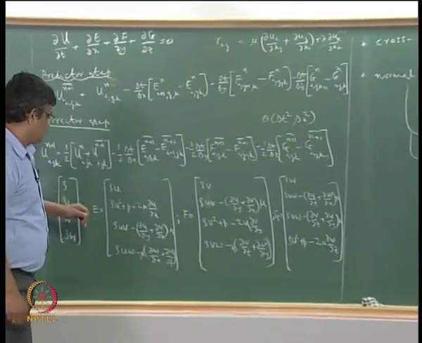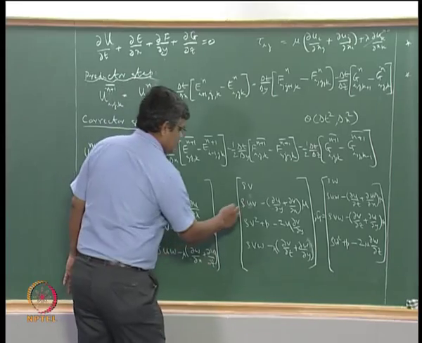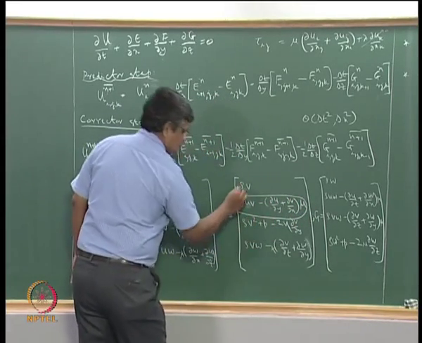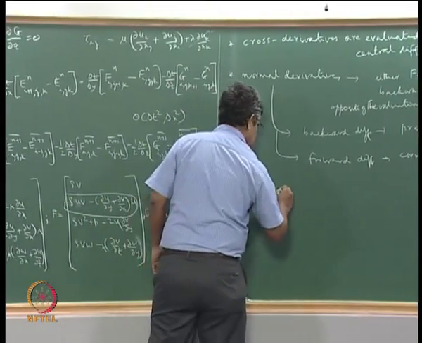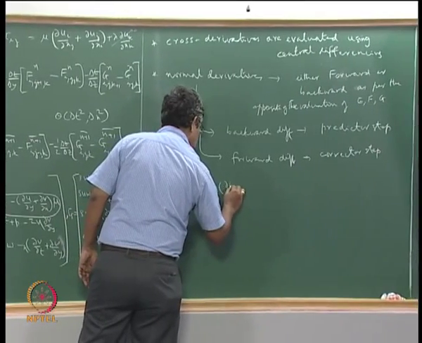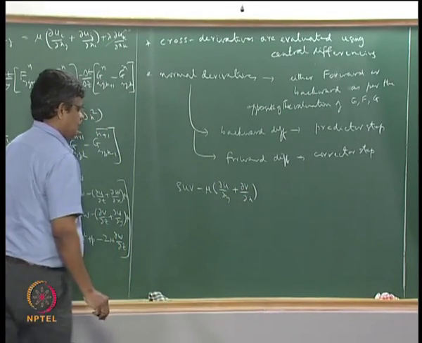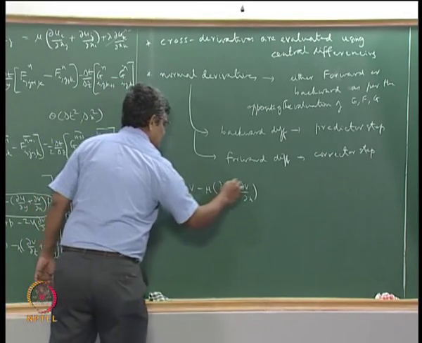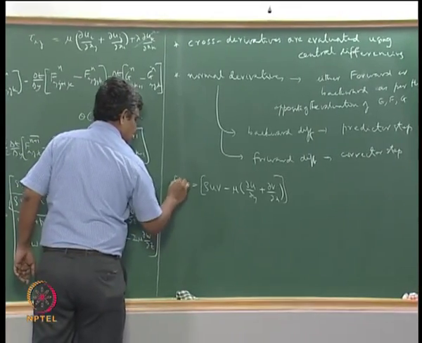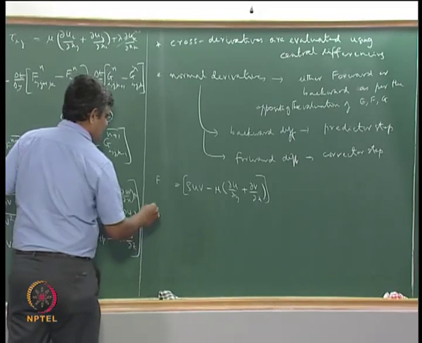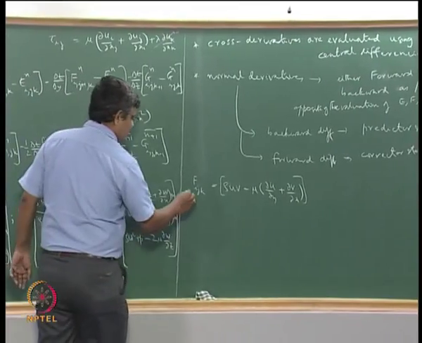Okay, so if for example we take a term like, let us say, this one here, okay, so this is f, and this is appearing at, let us say, ijk in the x momentum equation.